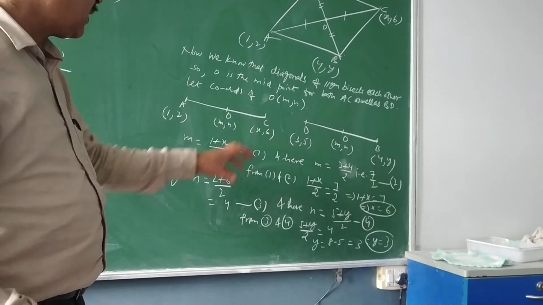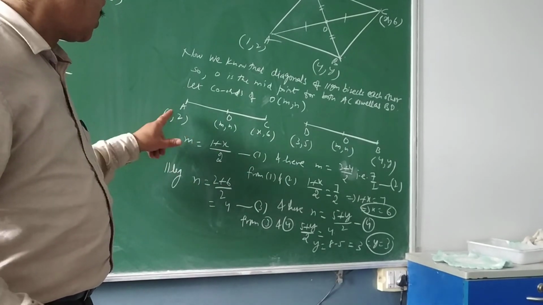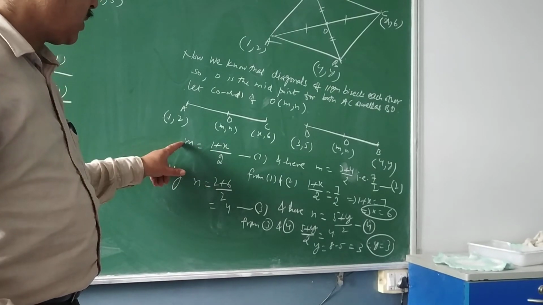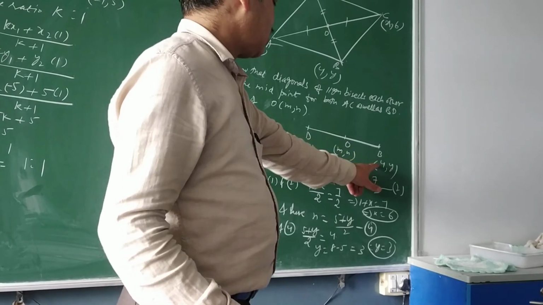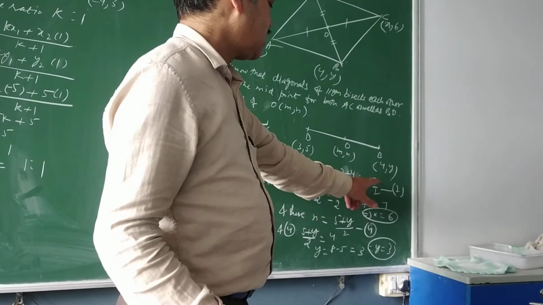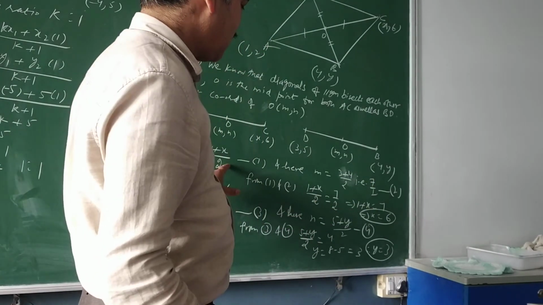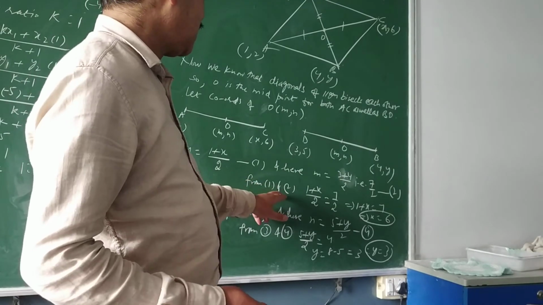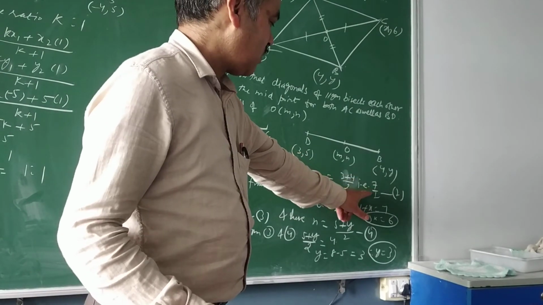So when we apply the midpoint formula as x1 plus x2 upon 2, with x1 as 1 and x2 as x, 1 plus x upon 2 is equal to m. Then here m is equal to what? x1 plus x2, that means 3 plus 4 upon 2, that is 7 upon 2. Now this is also the value of m and this is also the value of m. So equating the two, from 1 and 2 I can write 1 plus x upon 2 is equal to 7 upon 2.